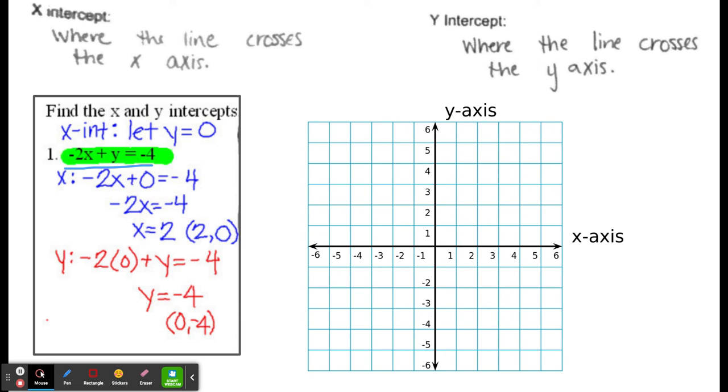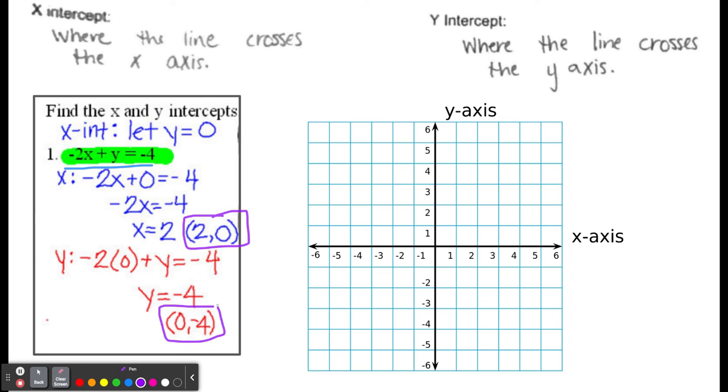What if we want to graph this? So I have the equation negative 2x plus y equals negative 4. I can use just the x and y intercept to graph my equation. Because notice I have 2 points now. I have the point where my x-intercept occurs, the point of my y-intercept.